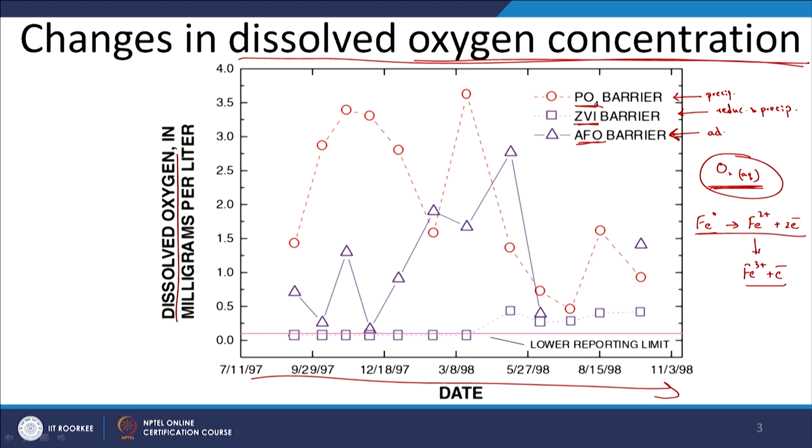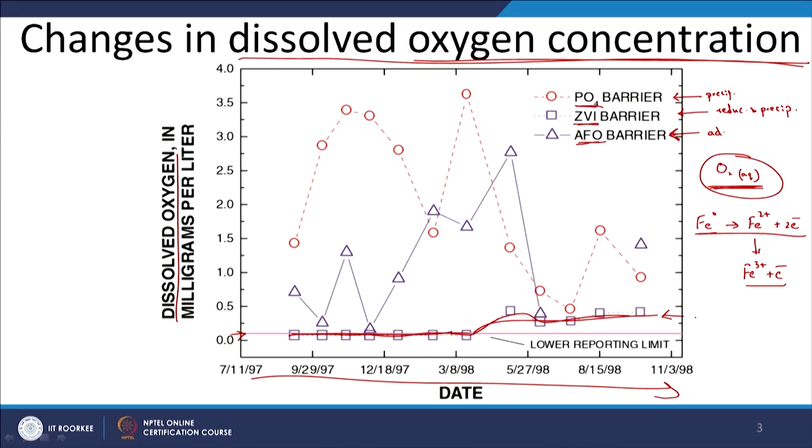That's what you see with respect to the data pertaining to zero valent iron: relatively low, or below the detection limit anyway. Then we see a slight increase, not a great increase. One of the aspects we hypothesized was that over time you have a buildup of precipitate on the zero valent iron.